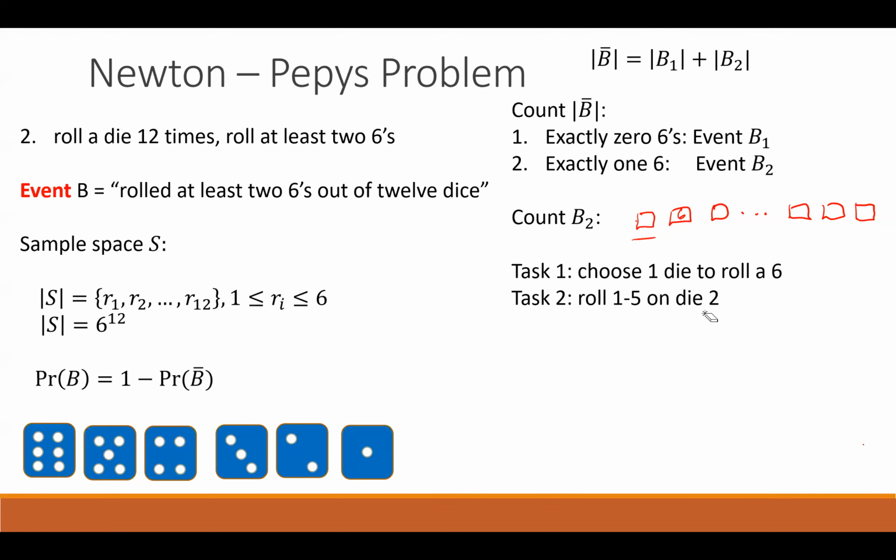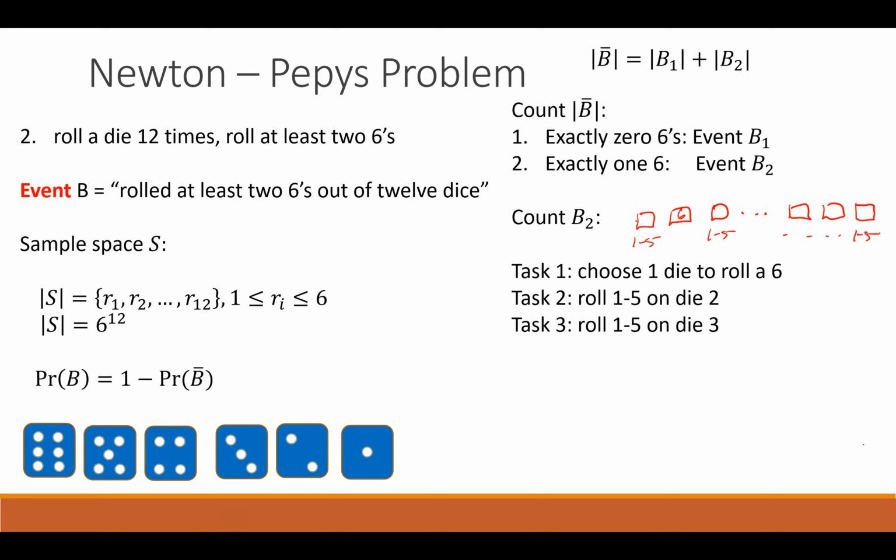I'm going to look at the next available die, and I'm going to choose a number for that, 1 through 5. It really doesn't matter which order I do these in. So I'm going to choose somewhere 1 through 5 on here, 1 through 5 on here, and 1 through 5 on here.